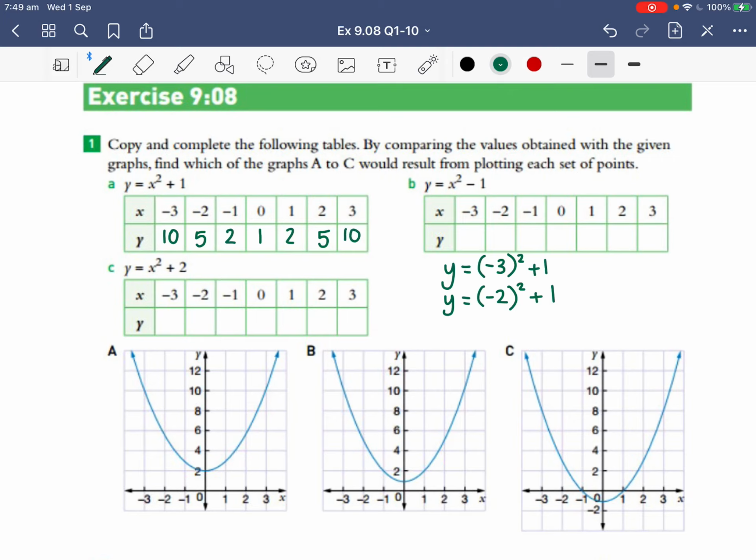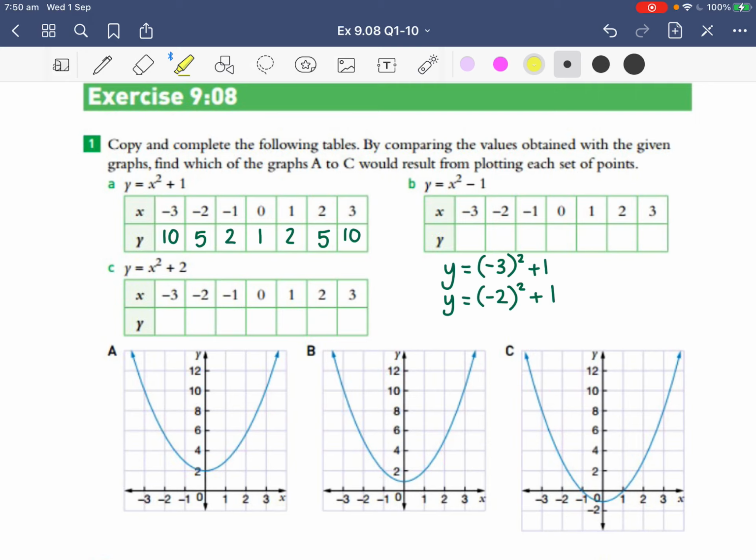You will notice here that our negative x and our positive x have the same y value, so there's symmetry about this. Now we want to match up our points. If I look at my first graph A, if I go across to minus 3 and up to 10, yes, that is a point.